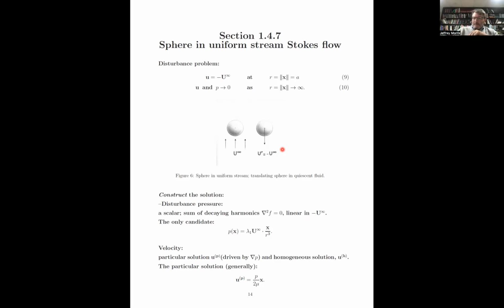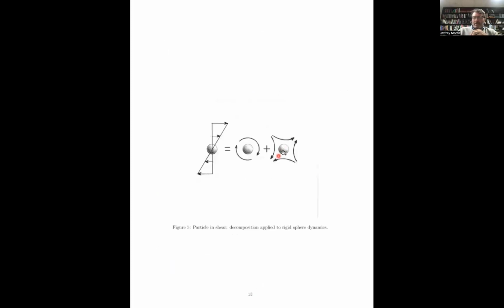So that's the point that I'm trying to make here: the part of the motion where a particle is disturbing the flow in this flow is all due to the straining, none due to the rotation, unless I exert a torque and the particle can't rotate in that flow, then it disturbs the flow.